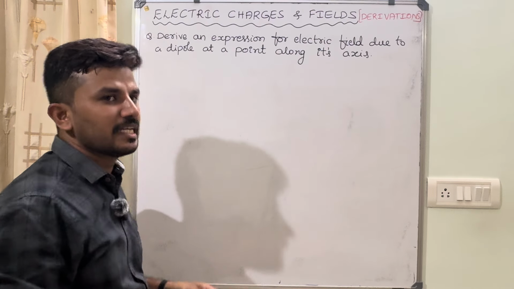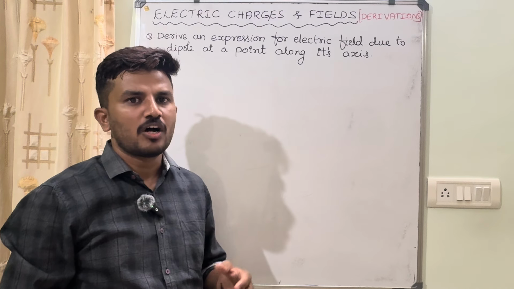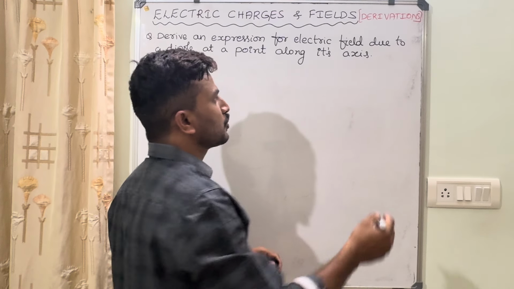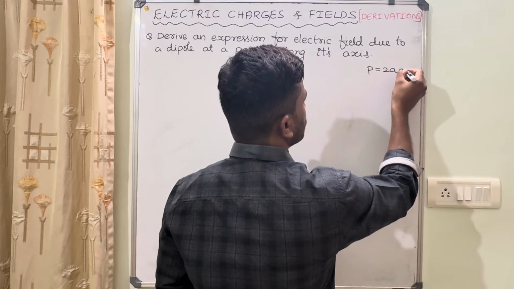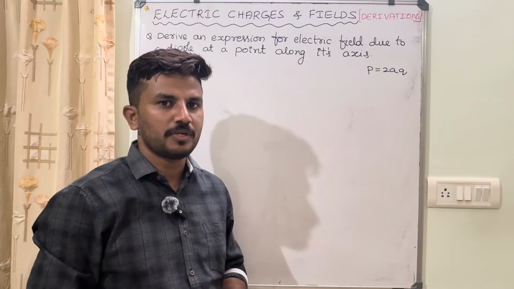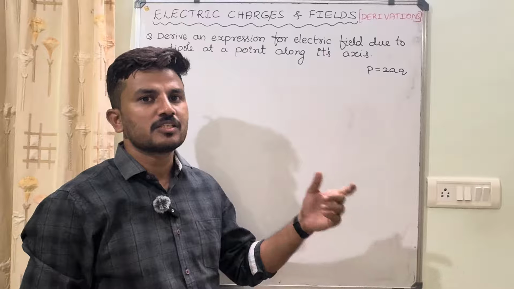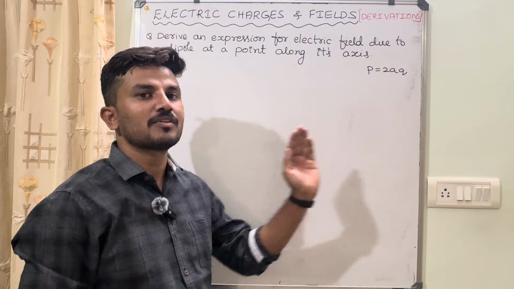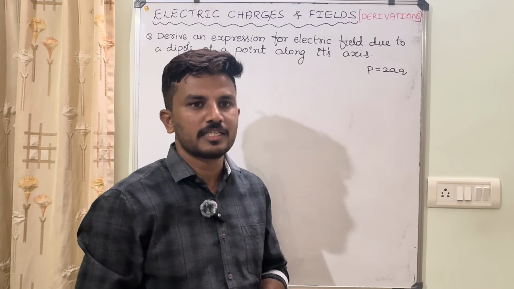So you can write some theory like, consider an electric dipole of dipole moment p equal to 2aq. Dipole moment is given by 2aq. Then consider a point capital P, or capital X, whatever the point that you want, at a distance small r from the center of the dipole. So you can write like that, and after that you can start deriving.